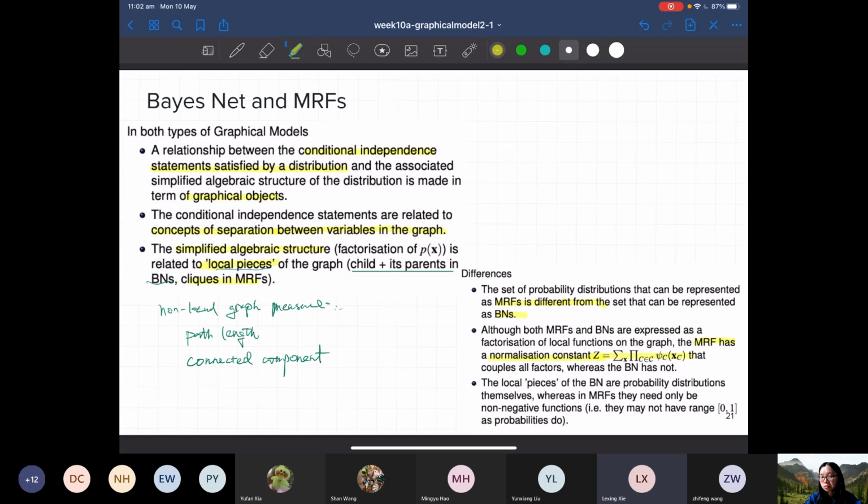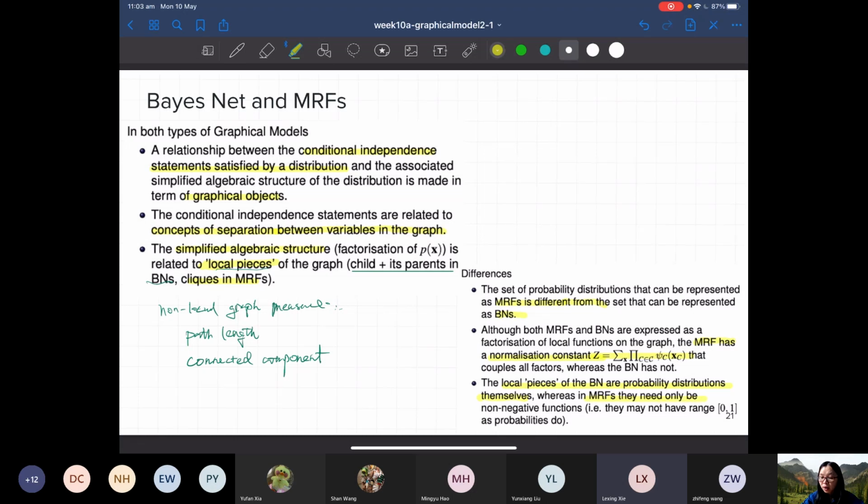We need to compute a product of all the factors or potentials and sum them up. But Bayes networks do not. The local pieces of Bayes nets are probability distributions themselves. This last point is the reason for the middle point, right?